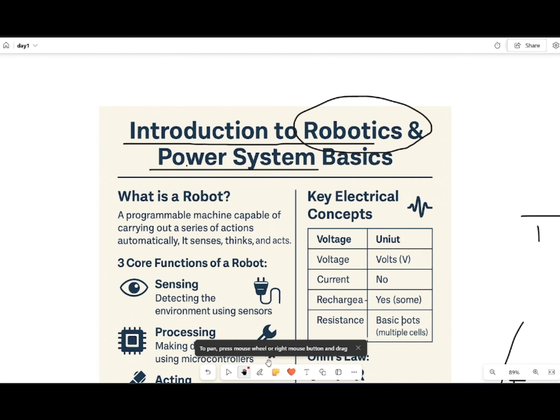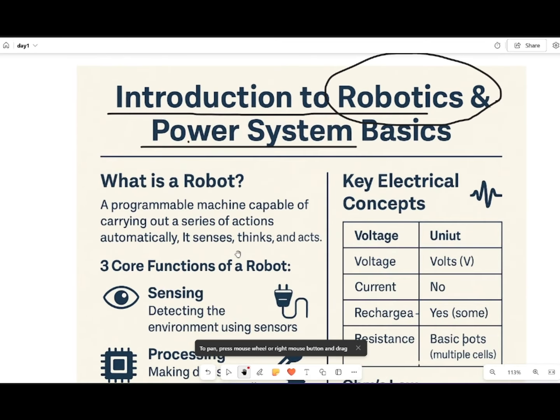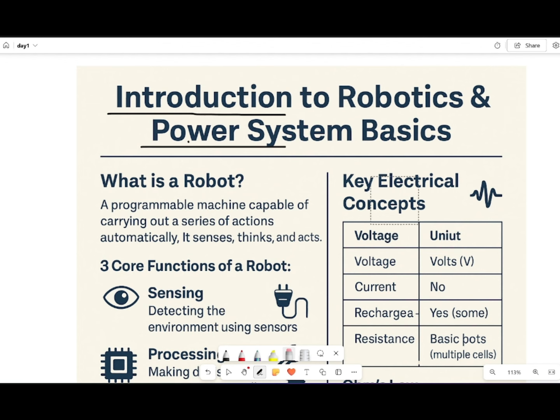Each and every robot is designed for a specific task. A robot is a programmable machine, we can change the program of the robot. It can do multiple actions, and it can sense the environment also. Clear? That is basically our robot.